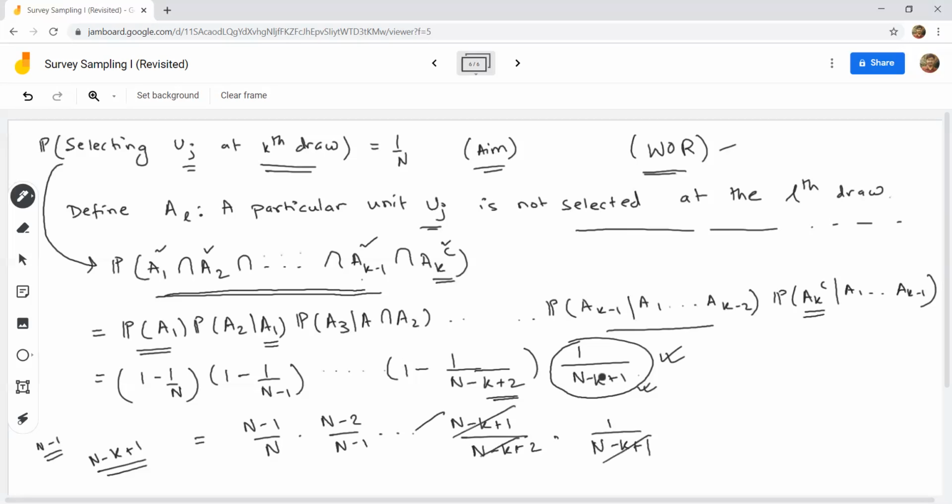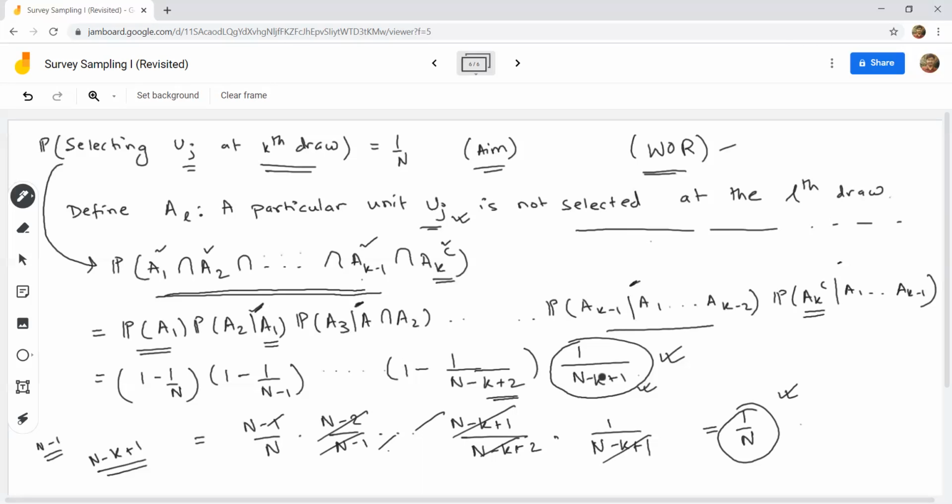Okay, so you are just left with 1 by n. So this proves the fact that even if you are doing WOR sampling, the probability of drawing any unit uj at any particular draw is always 1 by n. Okay, so you now can understand why this is 1 by n, because of these conditional probabilities involved.